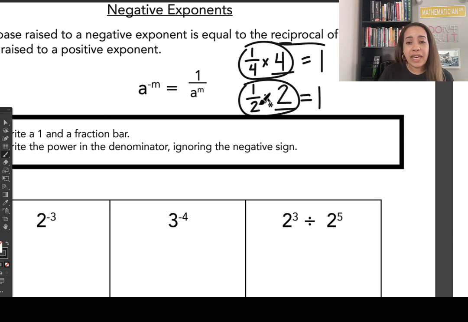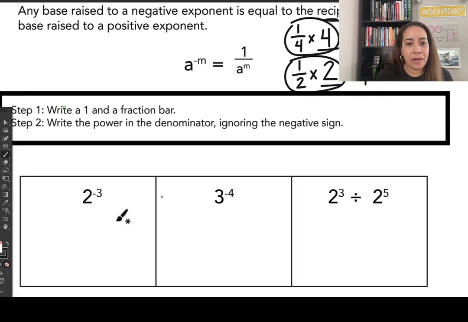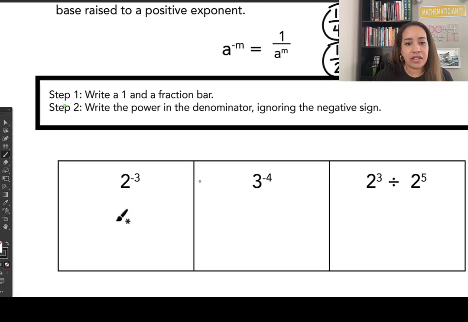So we can apply this pattern to our problems. I notice that when we have a number and I'm looking for a reciprocal, the number matches at the bottom, and we just put a 1 and our fraction bar up top. So that's the shortcut that we will use as we practice these problems. On all of these problems, we are looking for a negative reciprocal.